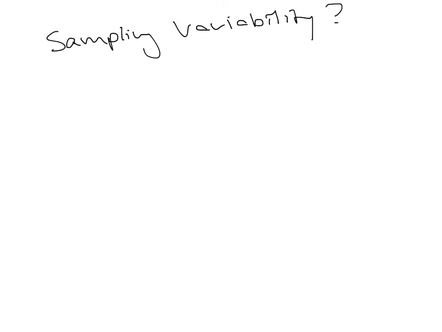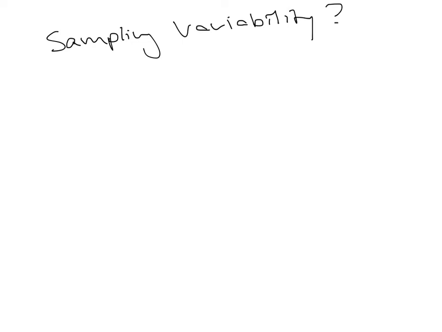it's pretty important stuff. And you're like, why, Mr. Chow? Well, because that leads us to a thing called sampling variability. So what is sampling variability? It might be easier if I just type stuff out, honestly.